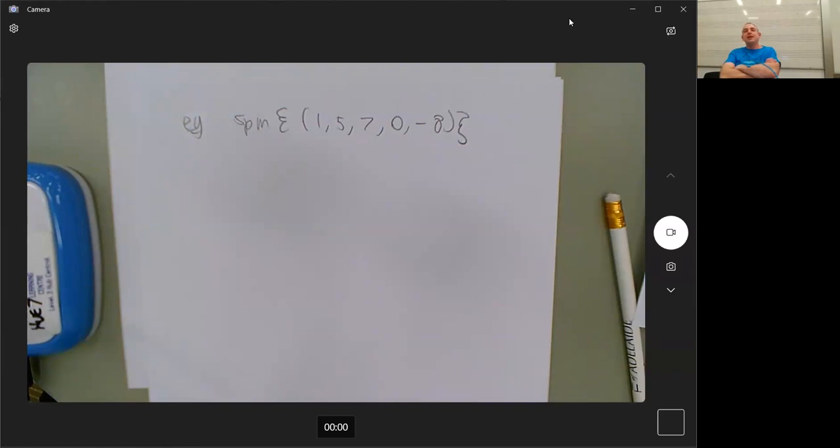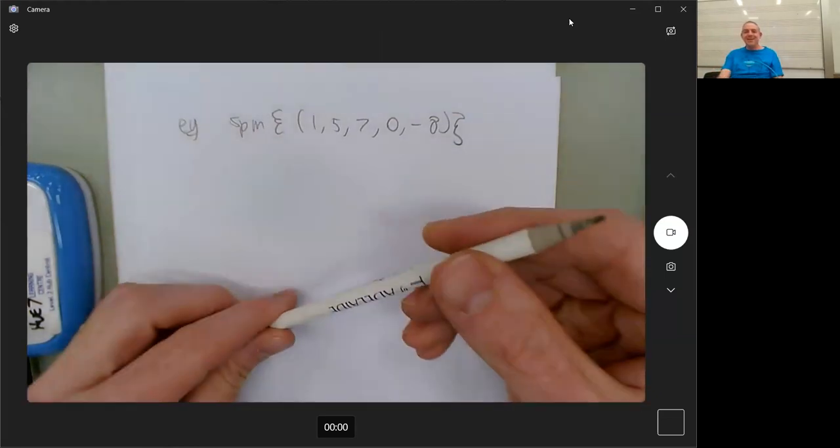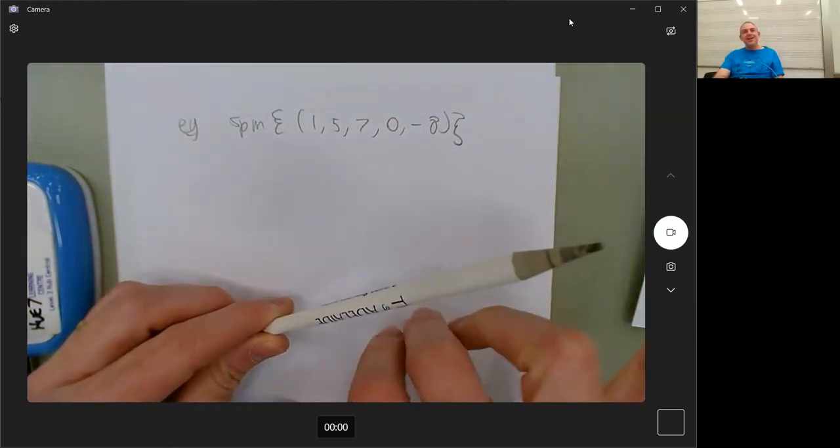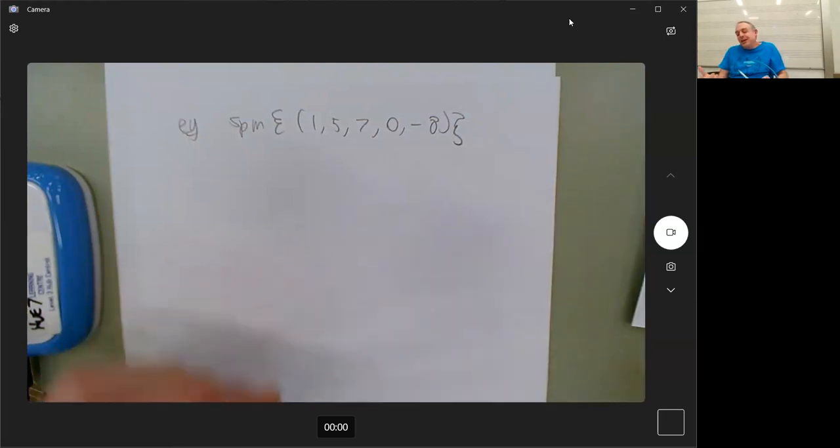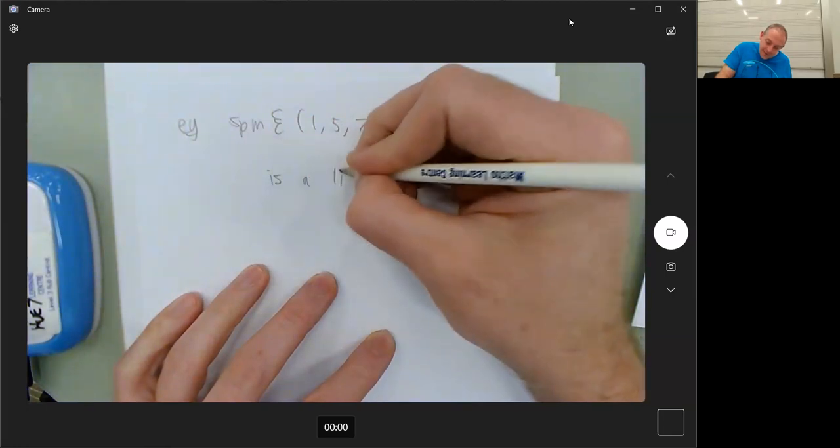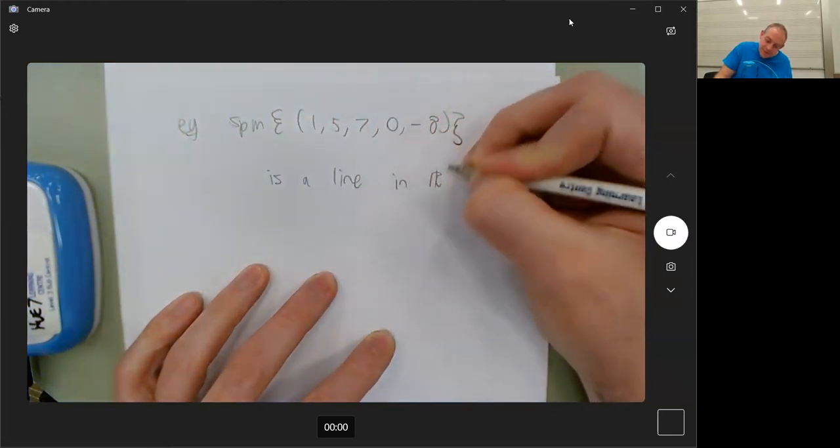What shape is that? It's a line. Because if I was in R3 and I had one vector and I did all the multiples of that, it would be a line. It's still a line even though it's in R5. This is a line in R5.